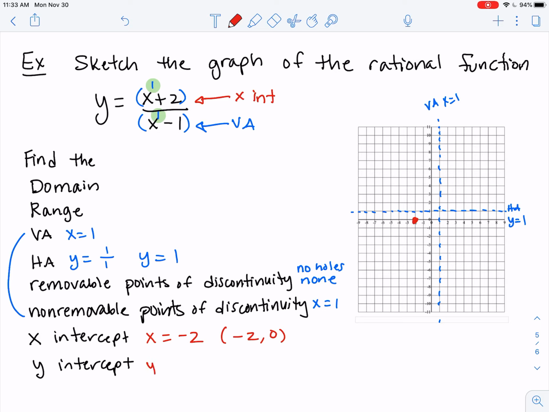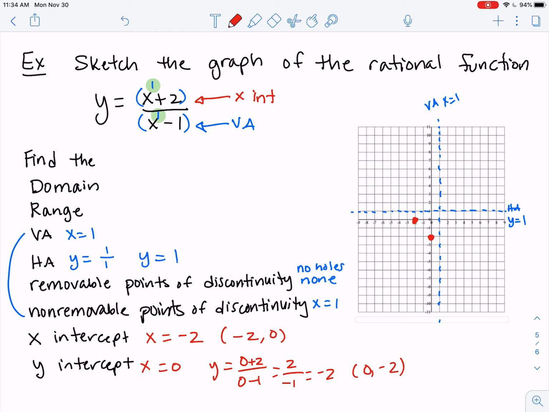For the y-intercept, we plug in x equals 0. Plugging in x equals 0, I have 0 plus 2 over 0 minus 1. That's 2 over negative 1 equals negative 2. That gives me the point 0, negative 2.